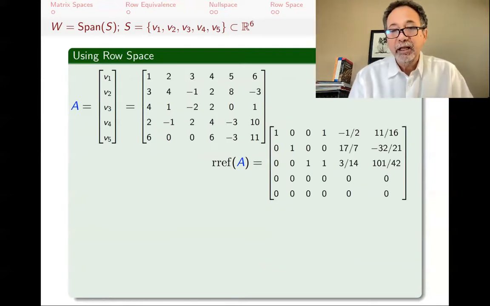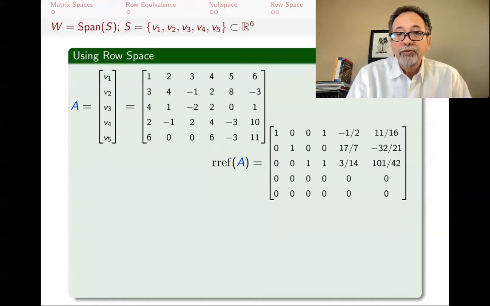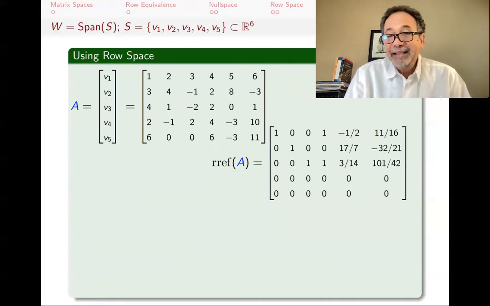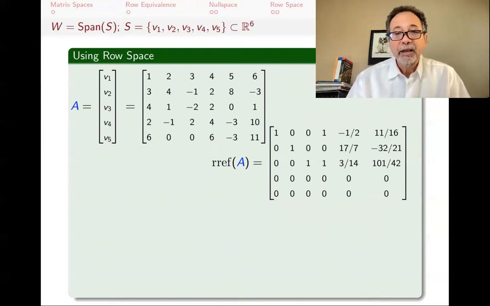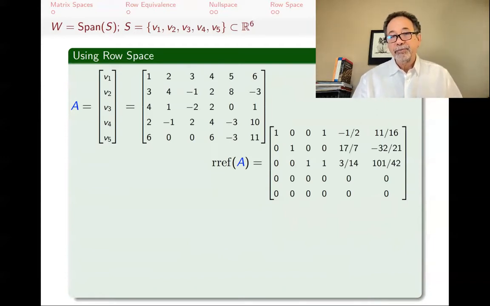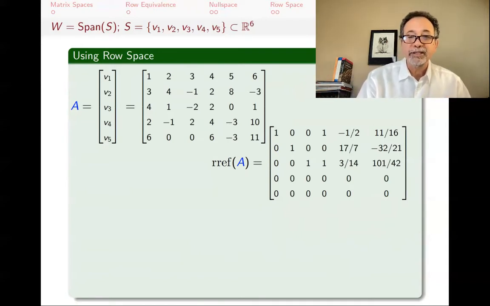Almost every math computer program worth its name has a good procedure for finding reduced row echelon form. If you use numerical software like MATLAB or R, it will give you decimals. If you use symbolic algebra systems like Mathematica, Maple, or SageMath, you can get fractions and precise answers.